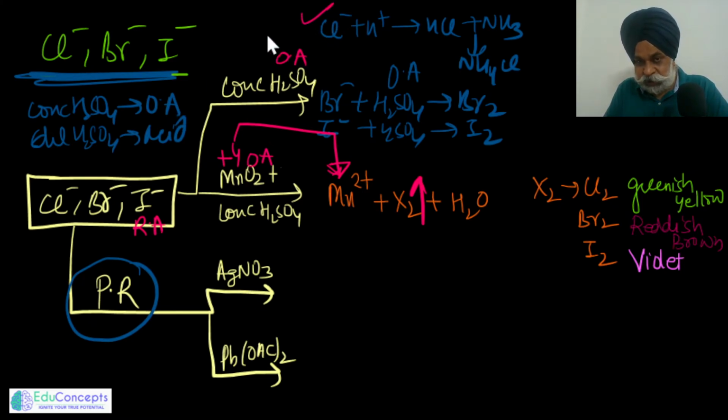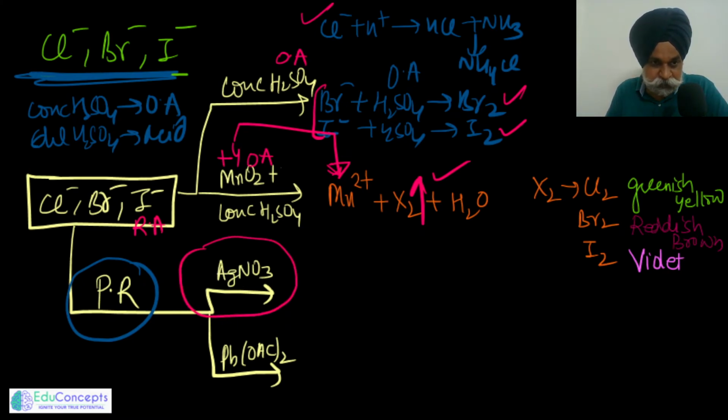In the chloride case it acts as an acid, but here they act as an oxidizing agent with concentrated acid. So from here the color of the gases can be identified. Brownish green is for chlorine, violet is for iodine, and reddish brown is for bromine. Now let us discuss this in particular detail.